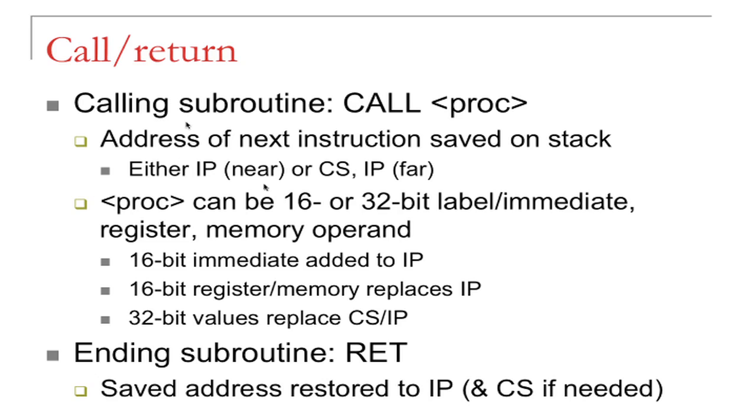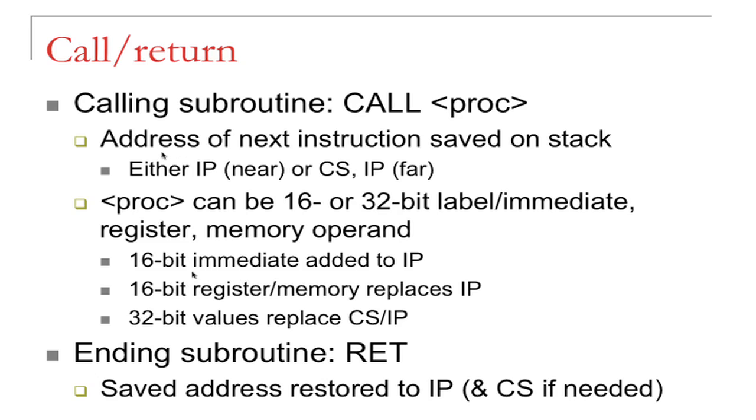So if it is near, we'll store only IP, the instruction pointer. If it is far or inter-segment, we'll save both CS and IP. This proc operand can be a 16 or 32-bit label, immediate, register, or memory operand.